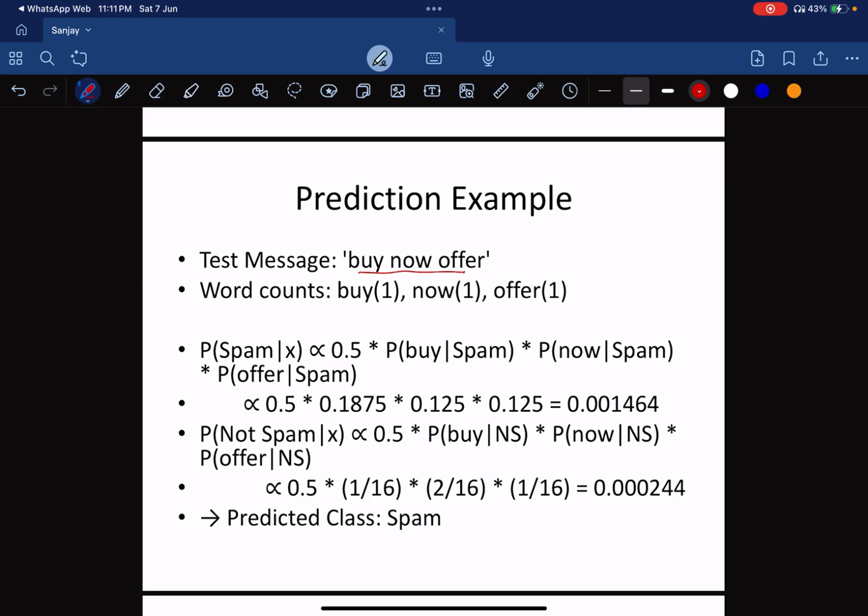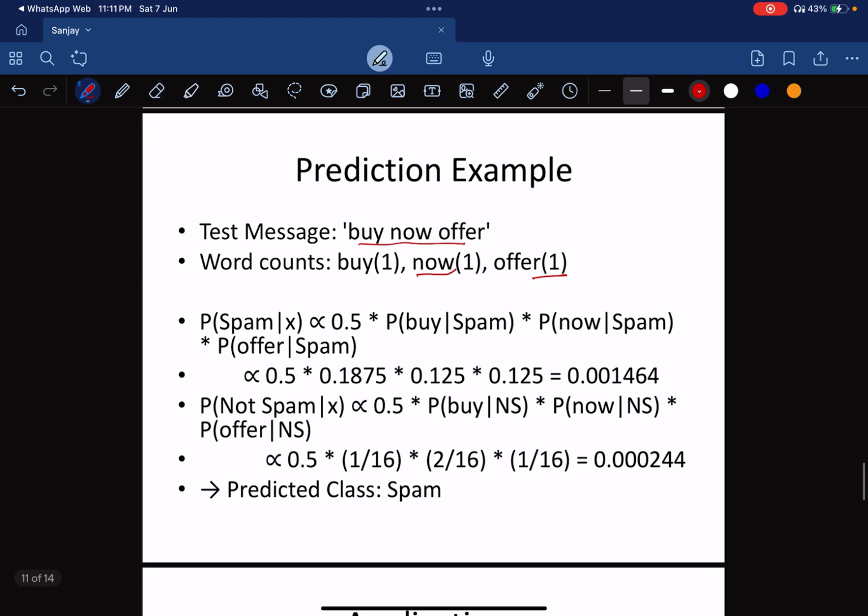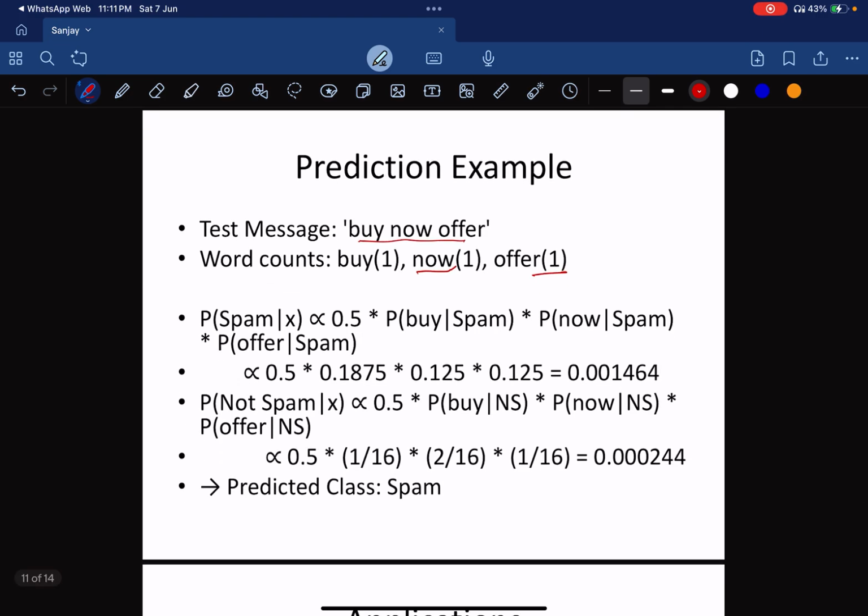"Buy" occurs one time, "now" occurs one time, and "offer" also occurs one time. Each word is considered discrete and independent of the others, right? We take each input and pass it to each class in our dataset.